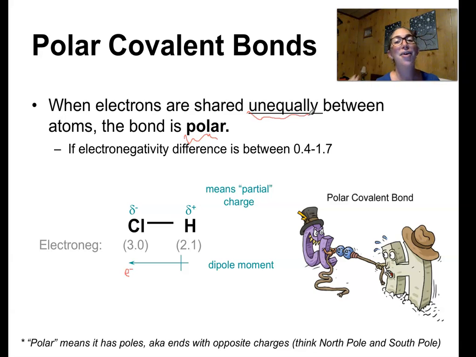You tend to want to pair up the two words, nonpolar and unequal, you instinctively want to pair those up, but they don't go together. Polar is unequal sharing. It's hogging that causes these different poles to form. Whereas nonpolar is equal sharing, so there are no poles that form.